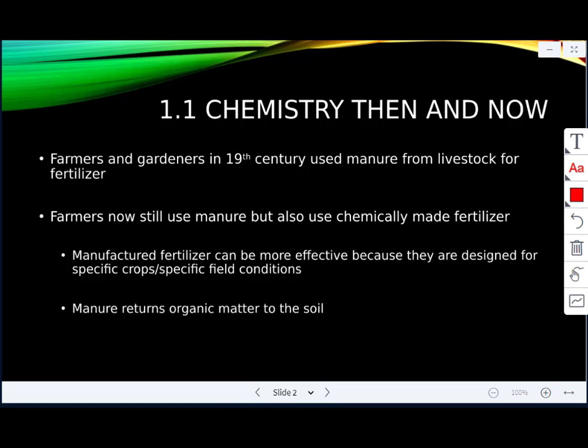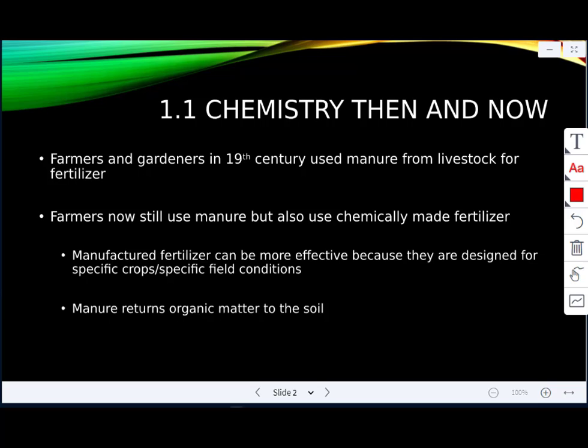For example, when we talk about farmers and gardeners in the 19th century, they were using manure from livestock for fertilizer. What we see now is that farmers still use manure, but we also are seeing more and more of this chemically made fertilizer.